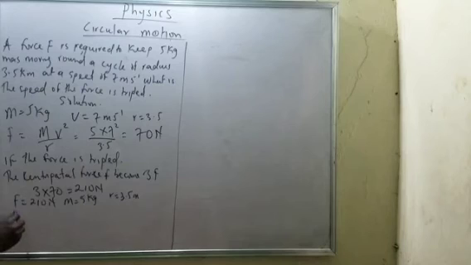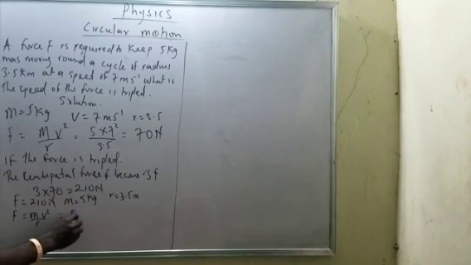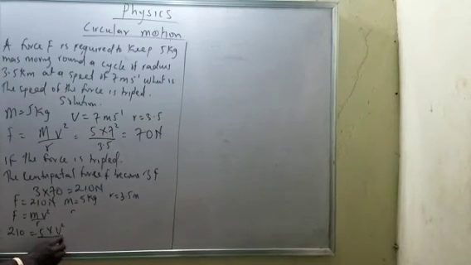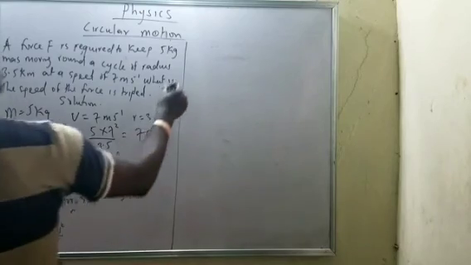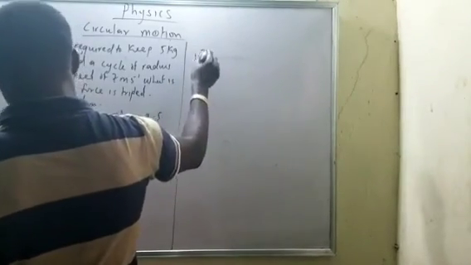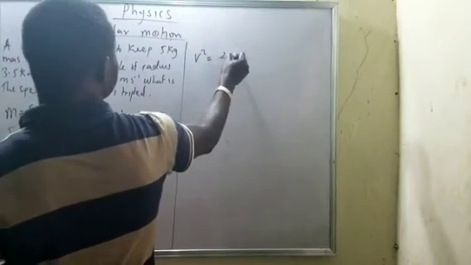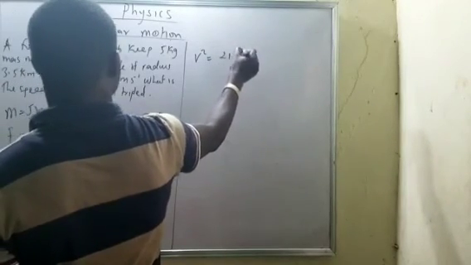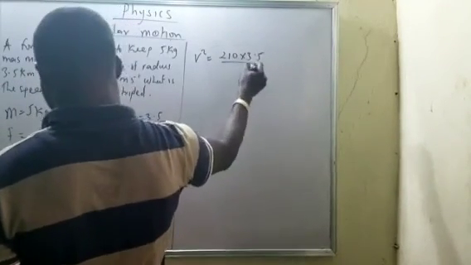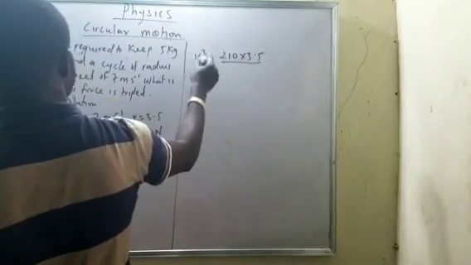It means my force equals mv squared divided by r, so 210 equals 5 multiplied by v squared divided by 3.5, which makes v squared equal to 210 multiplied by 3.5 divided by 5.